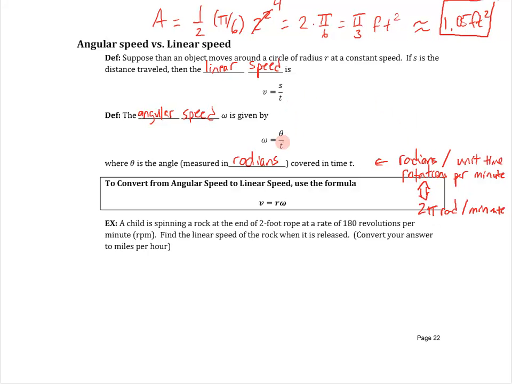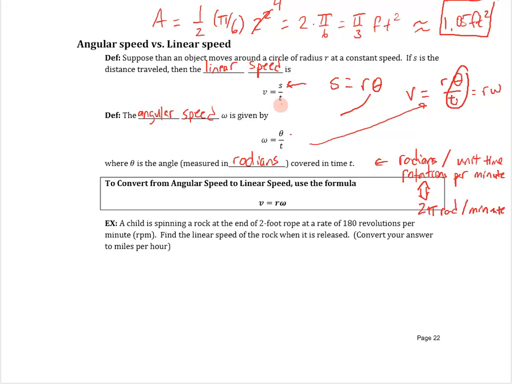Now, using the fact that s, the distance traveled, is equal to r theta, if we stick this theta in here, then v is the same thing as r times theta over t, but theta over t from right here is omega. So v equals r omega.